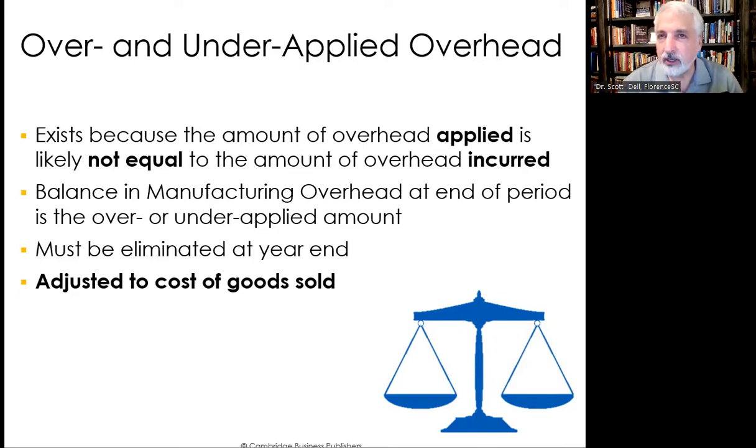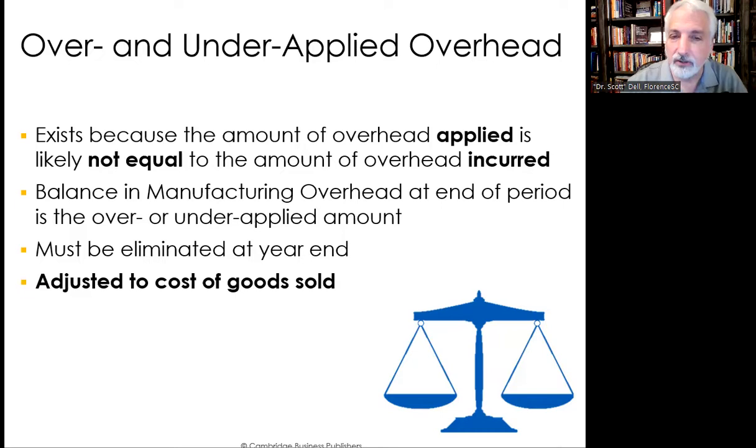The catch is, it's still an estimate. We allocated a bunch of stuff based on a standard, while accumulating the actual costs we were incurring. So we're going to have a difference that we need to eliminate at year end.